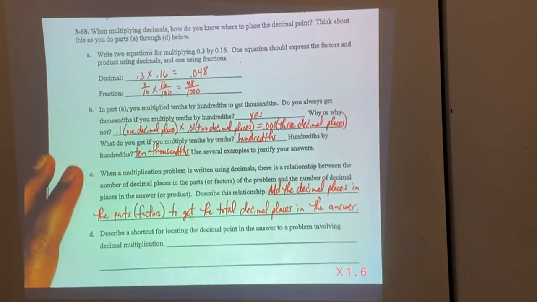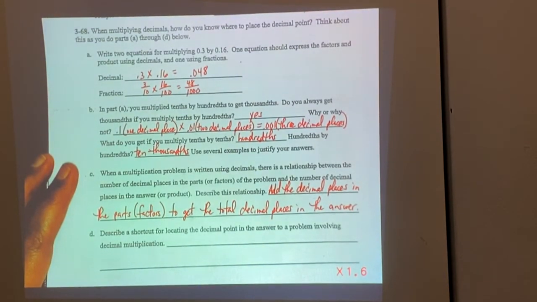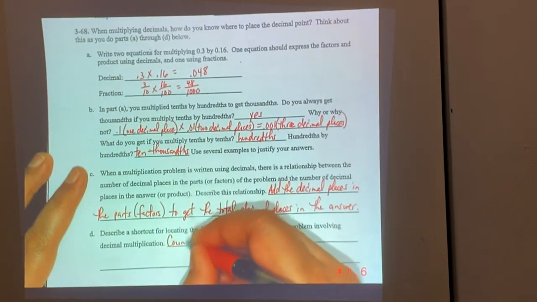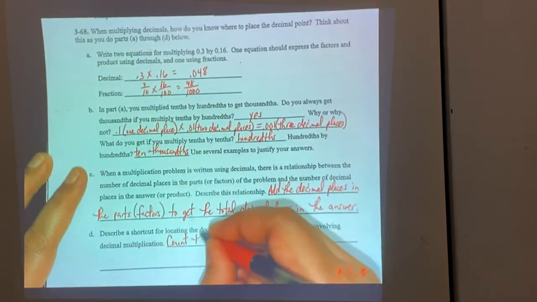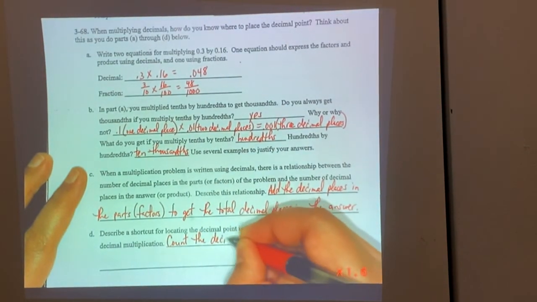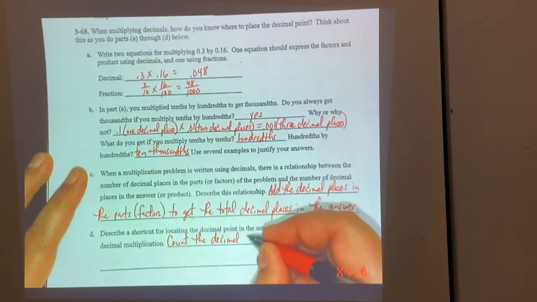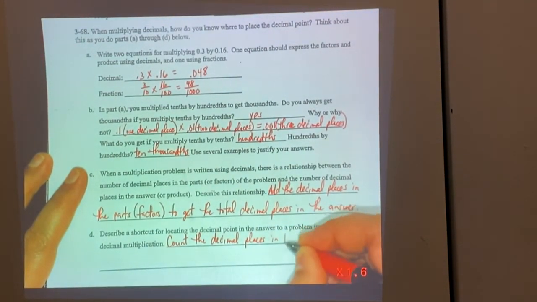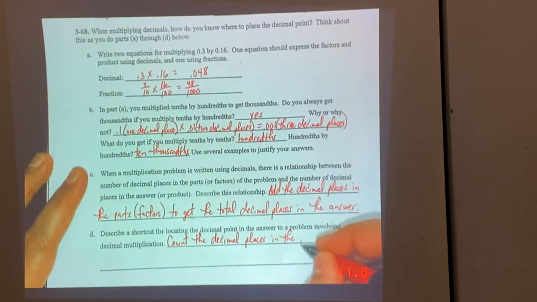Okay, D, one more. Describe a shortcut for locating the decimal point in the answer to a problem involving decimal multiplication. Count them, just count the decimal places in the parts.